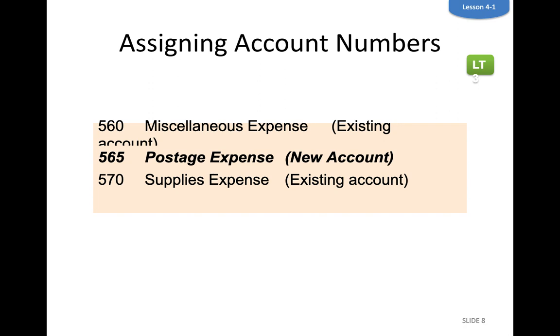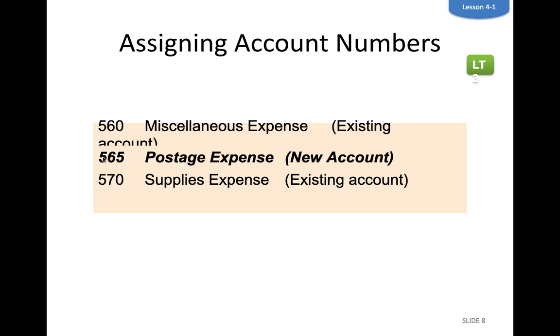Now say that underneath miscellaneous expense, Michael Delgado had been charging postage, or things that he sends out in the mail, like invoices or whatever. Now say that postage expense gets to be big enough where he just wants to have it as its own account, not to fall underneath miscellaneous expense. So he will create a new account and call it 565.